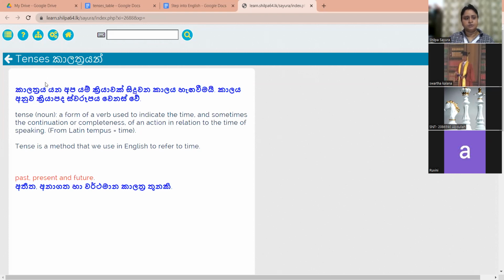If you know Sinhalese, you can see that in the Sinhalese language also. Tenses, what are they? The word tense is a noun, but tense in English, if you talk about tenses, is a form of a verb used to indicate the time, right? So this word tense means it shows the time.